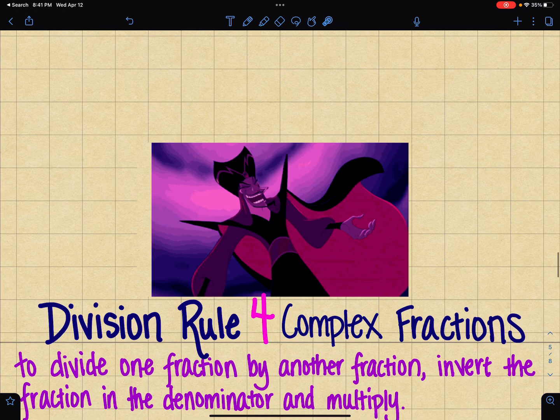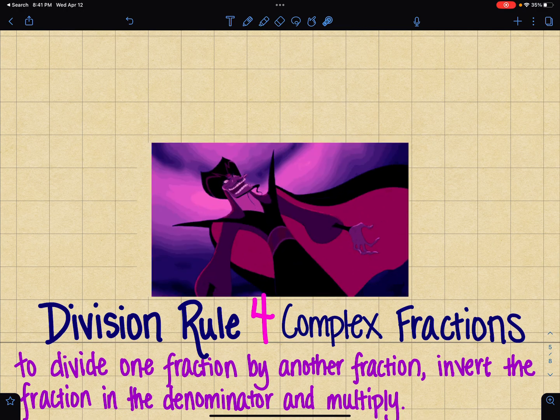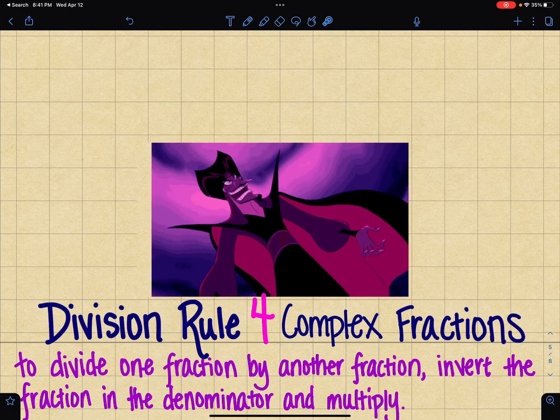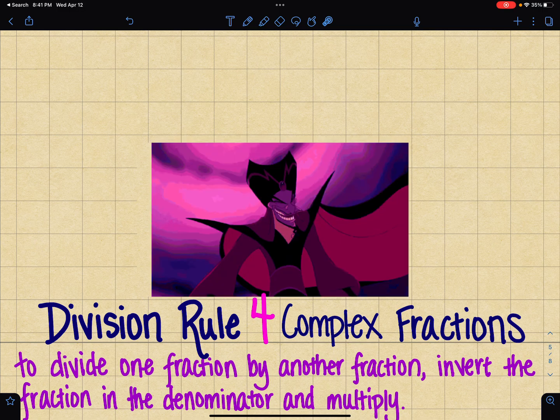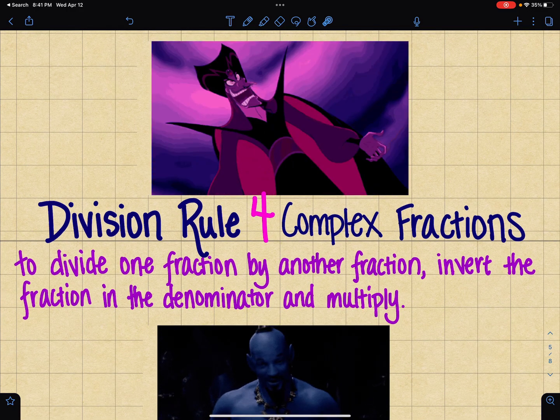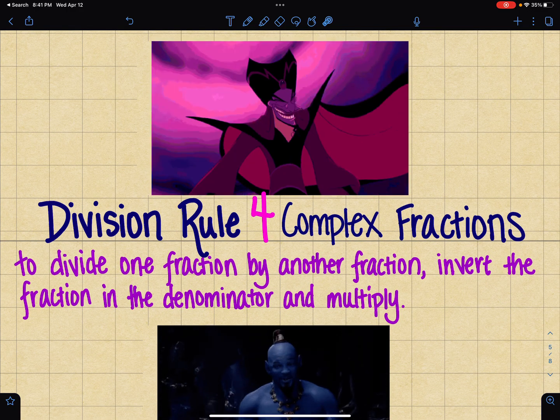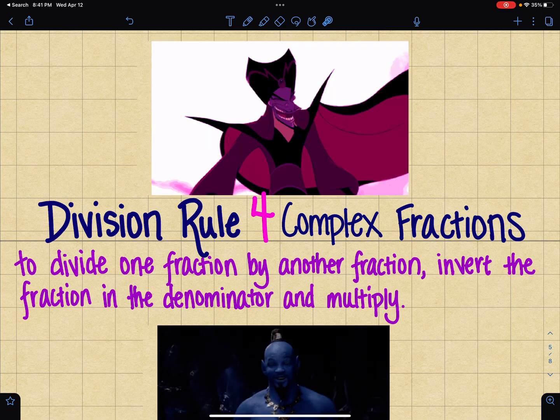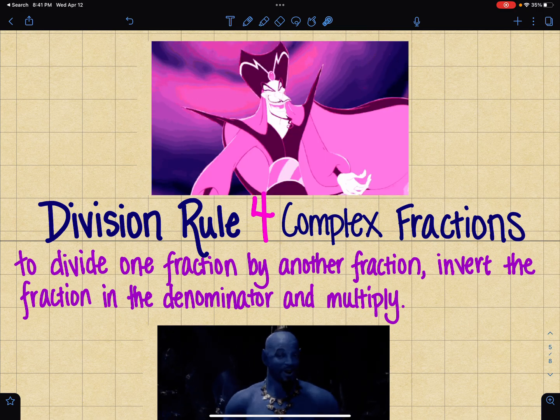Okay, now, are you ready to make this a rule? Because we've been going through the process, so I think you understand the process now. But guess what? You've probably learned this before, the division rule for complex fractions. Or think about it as dividing fractions. What do you do when you divide fractions?